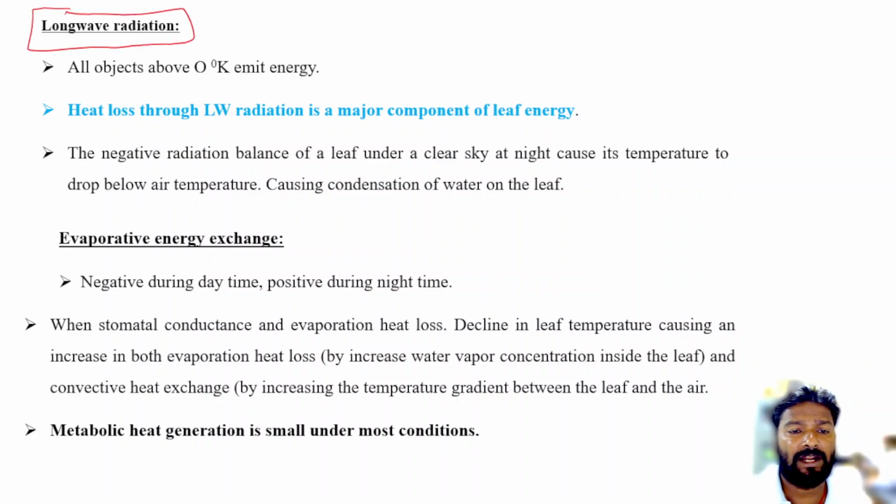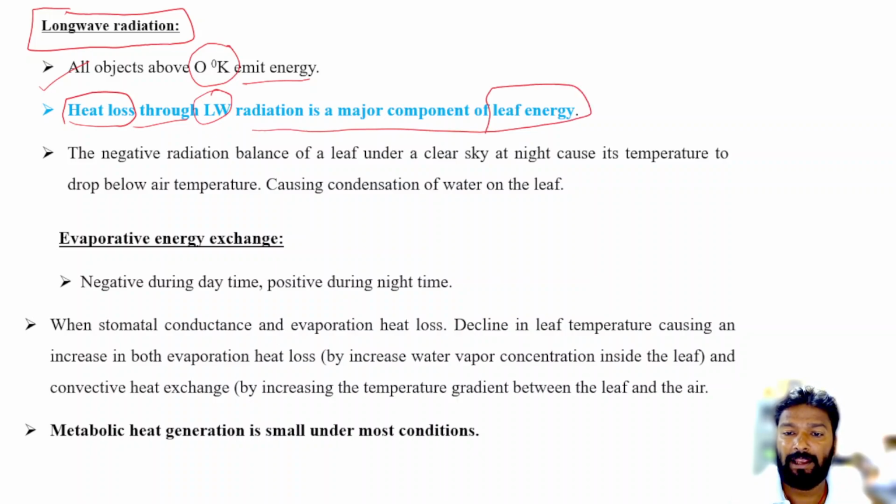So friends, you know that all objects above 0 degree Kelvin emit energy, and heat loss through long wave radiations is a major component of leaf energy. Okay, so the negative radiation balance of a leaf under a clear sky at night causes its temperature to drop below the air temperature.